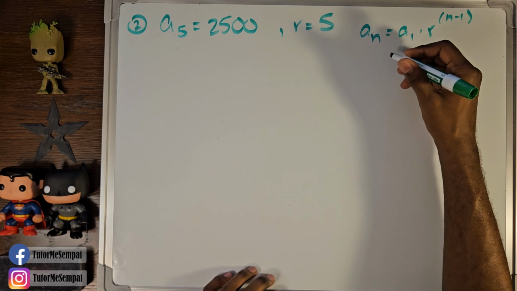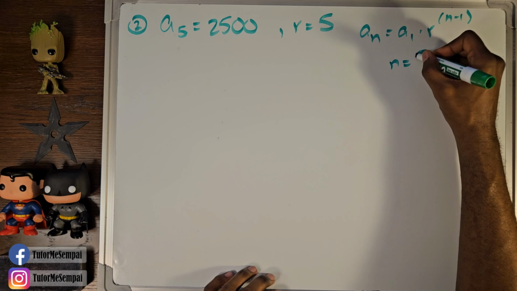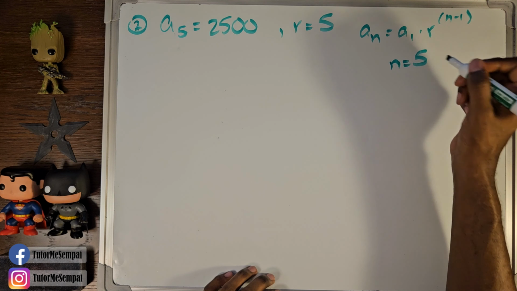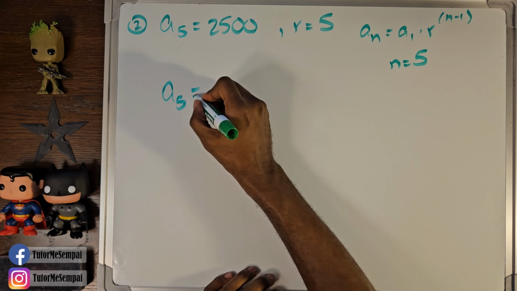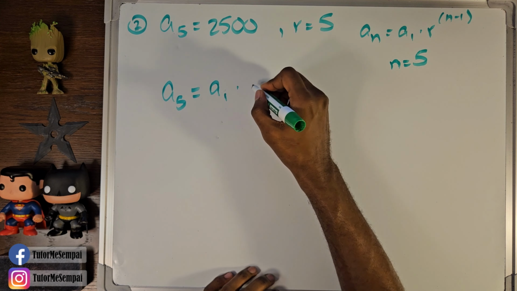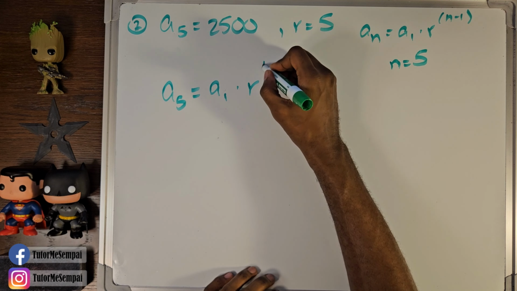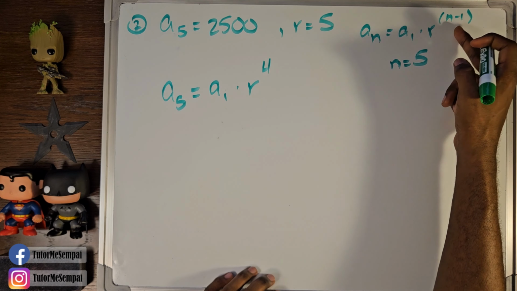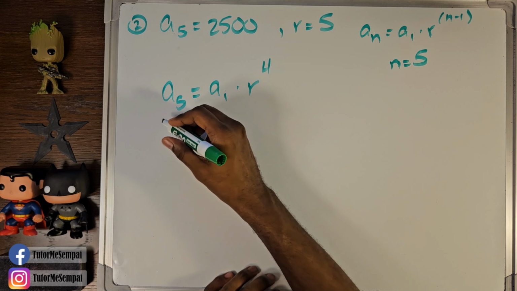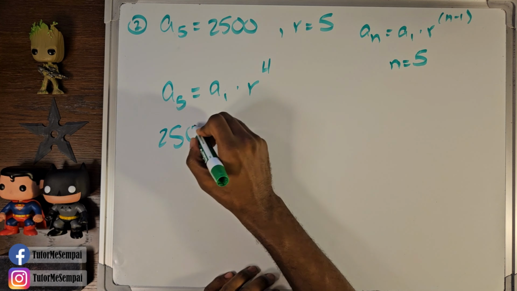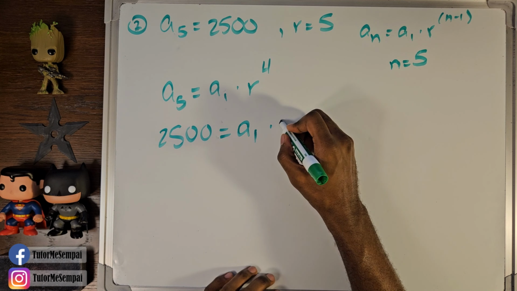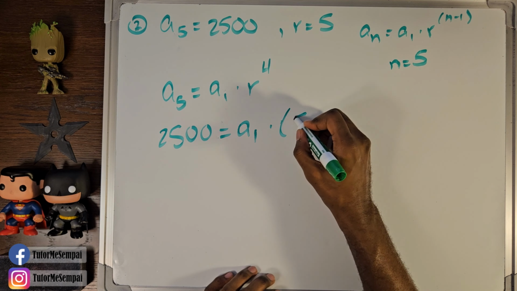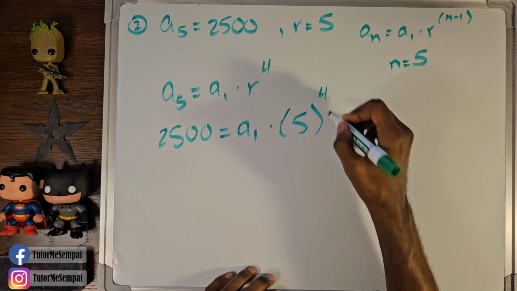So we're going to do the same exact thing we did previously. We know in this case our n is going to be 5. So we're going to write a sub 5 equals a sub 1 times r to the fourth power, 5 minus 1. And we know what a sub 5 is. That's going to be 2500 equals a sub 1 times r, which is 5, in parentheses, to the fourth power.